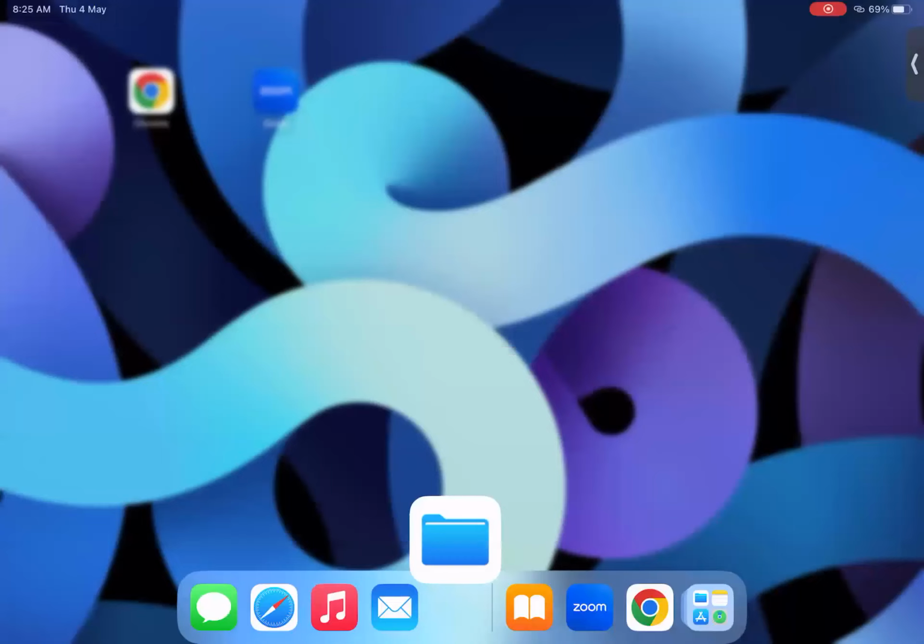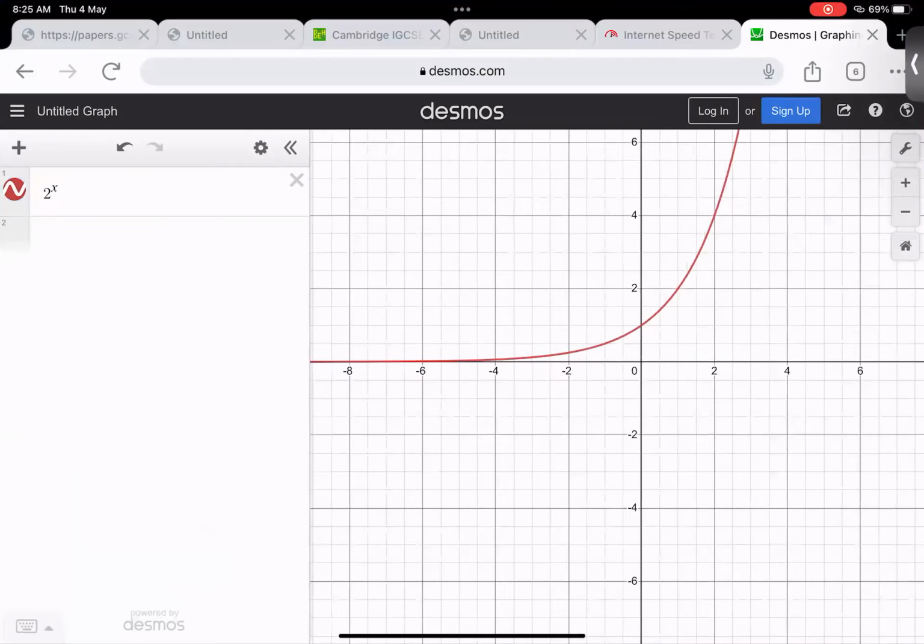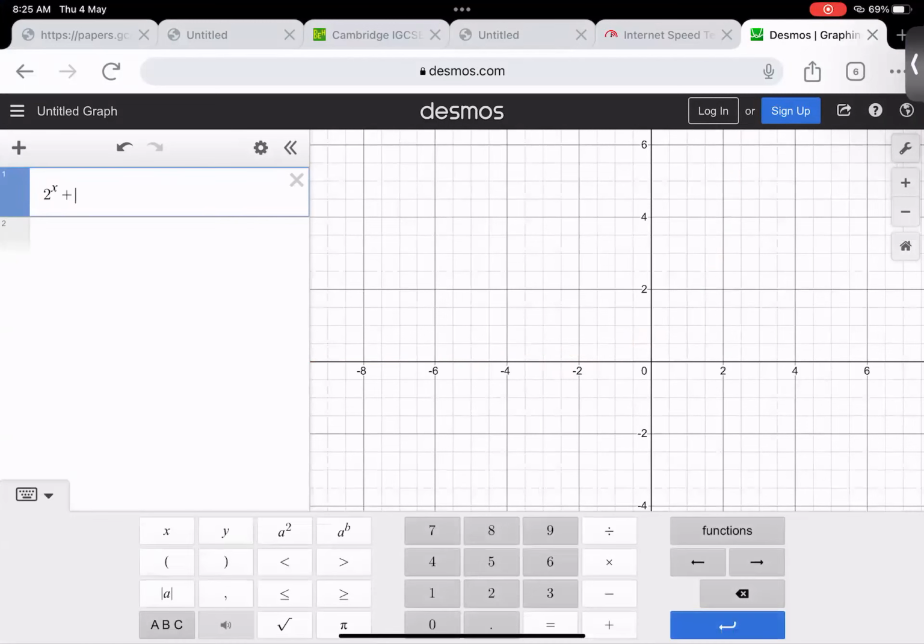And this number is always the asymptote. Let's go to this diagram. If I make it 2 to the power x, so I get this, and I'm writing +0. So this 0 is the asymptote. If I make it 1, the curve will move up, and this one is called the asymptote here.